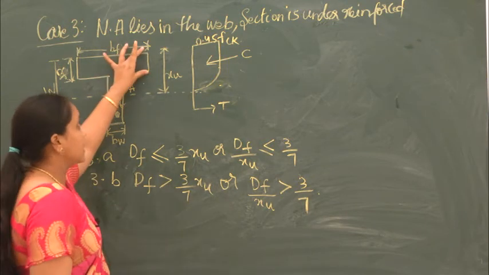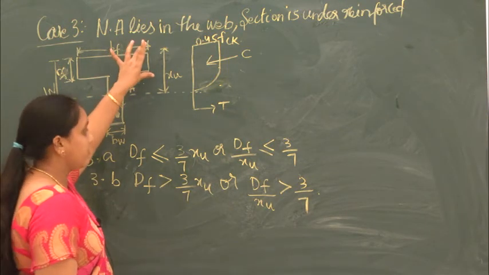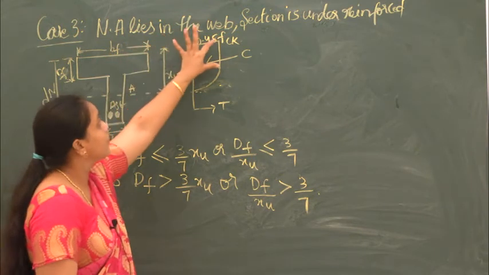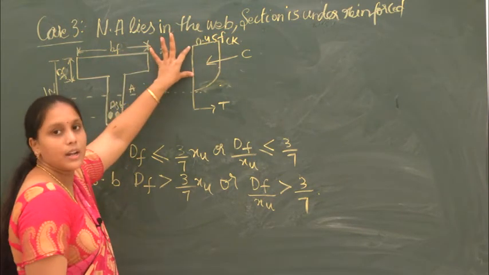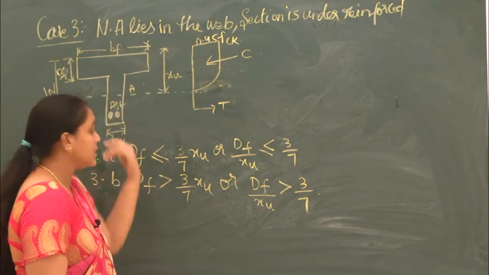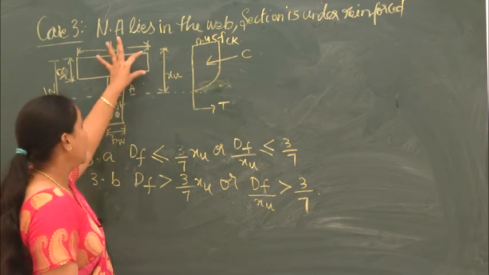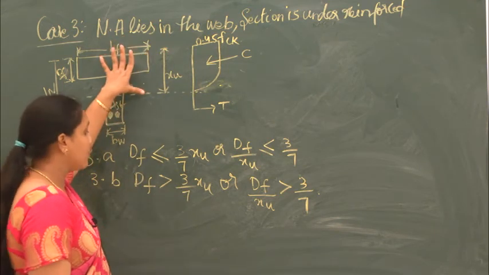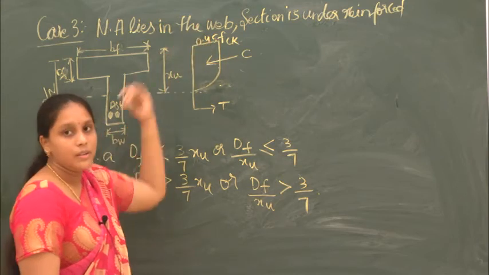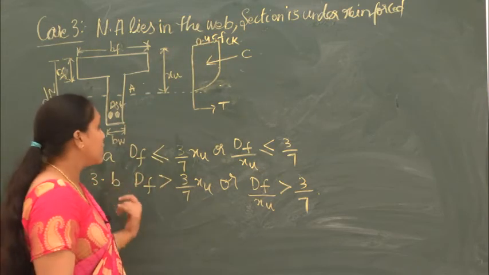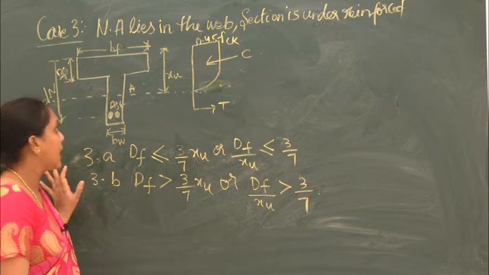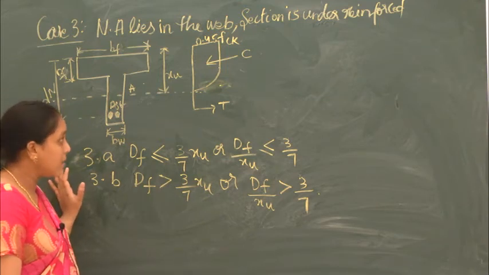So if the thickness or depth of the flange is less than this distance, that is a rectangular block, 3/7 xu, that is one case, and the other case is when the depth of the flange is more than 3/7 xu. So based on these two cases, we are going to analyze this particular T-beam section.